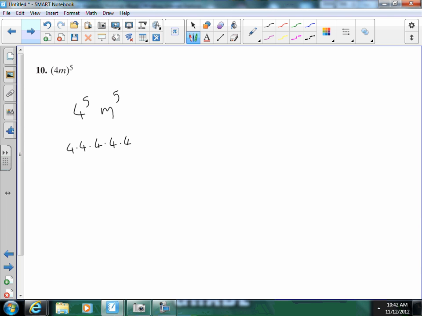Let's think. 4 to the 5th is 1024. So 1024 m to the 5th. Ouch, my brain hurts. This becomes 7 squared, a squared. 7 squared is 49. That's a nice easy one.